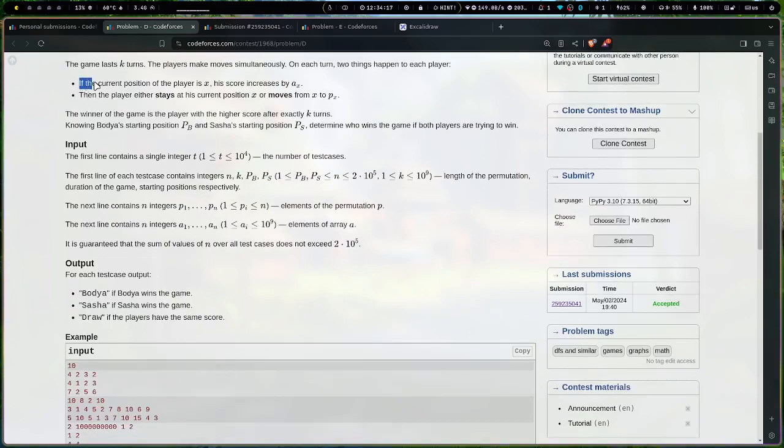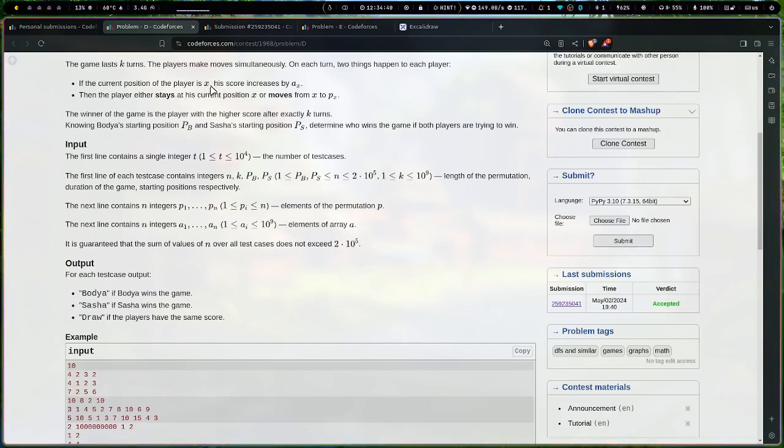Now this is the important point. What is the rule of the game? If the current position of a player is x, so we are given the current position of both players. We are given which position Bodia is starting from and which position Sasha is starting from.